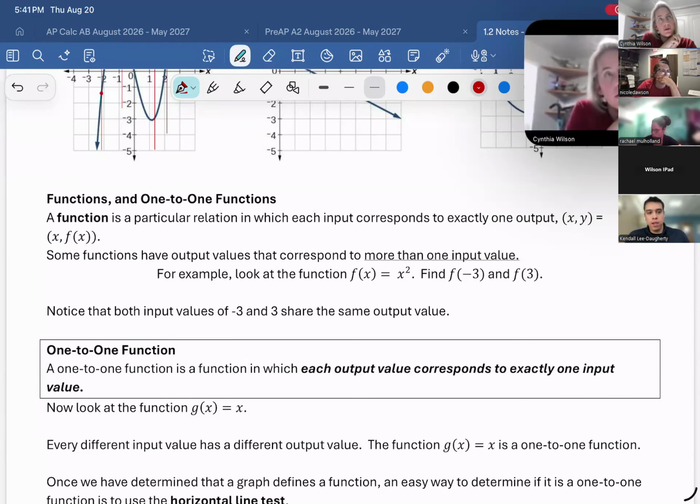All right, we've done the vertical line test. Now we're going to do something called the horizontal line test. First things first, the graph has to pass the vertical line test, or it's not a function. But then we can clarify a little bit more with something called a one-to-one function.